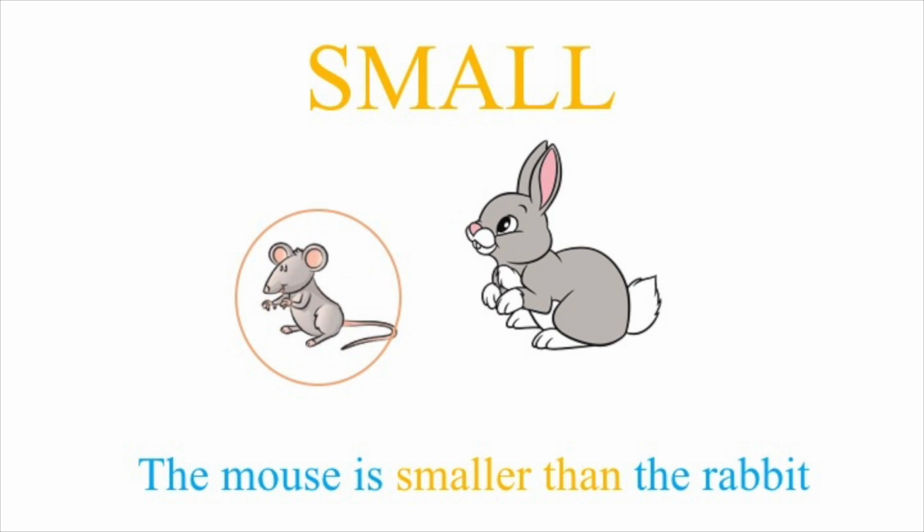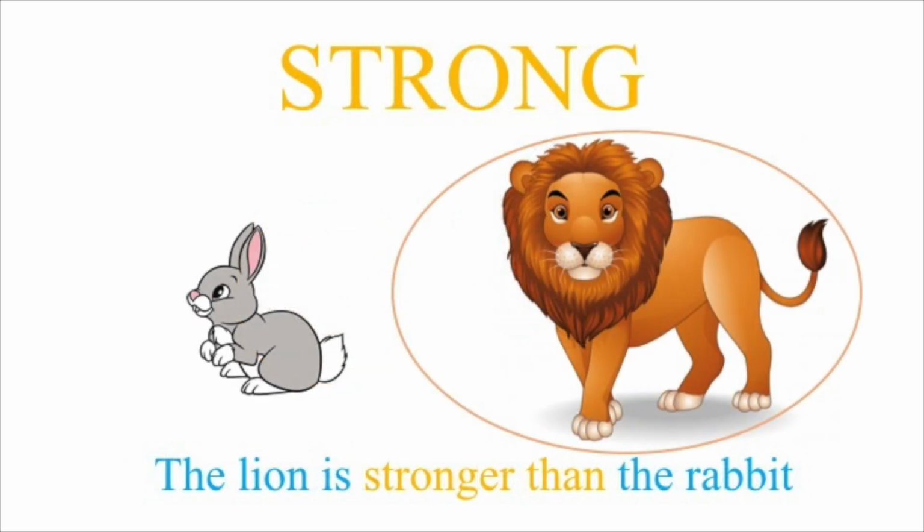Small. The mouse is smaller than the rabbit. Smaller. Strong. The lion is stronger than the rabbit.